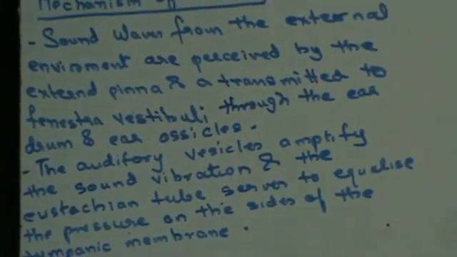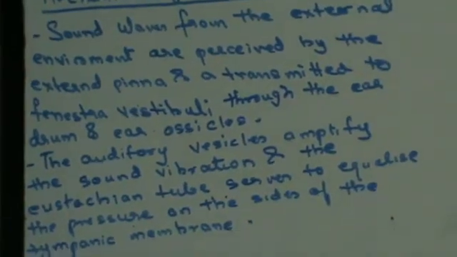Now, the fenestra vestibule relays the sound vibrations to the two fluids of the ear. Which are the two fluids of the ear? We have two fluids in the ear. One is called the perilymph and the other is called the endolymph. So what does the fenestra vestibule do?